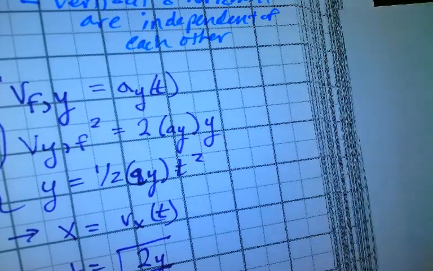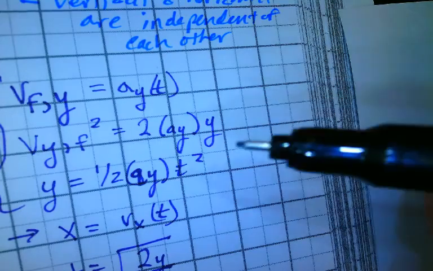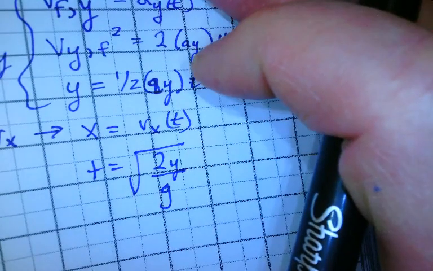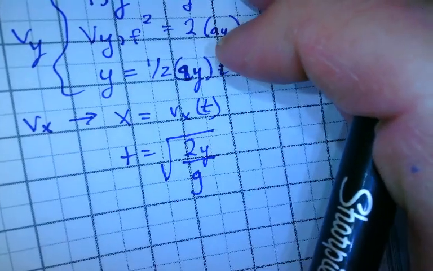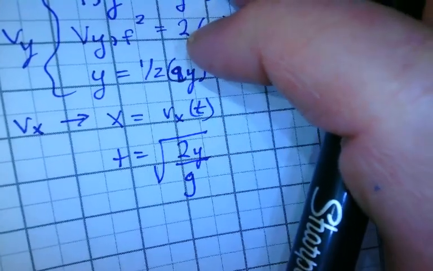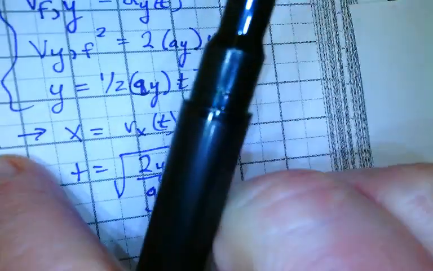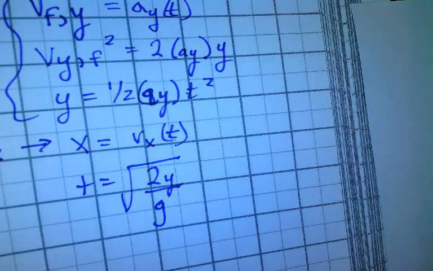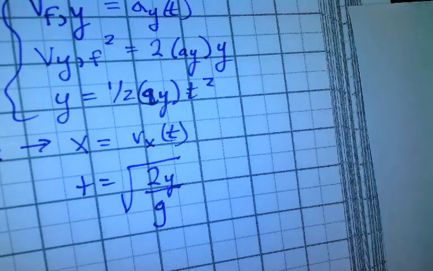Which was your equation, Bailey? The last one you wrote, is it supposed to be 2y divided by g or 2x divided by g? 2y. Okay. Because notice there's only one Vx equation. Oh, and this is the time equation? Yep.